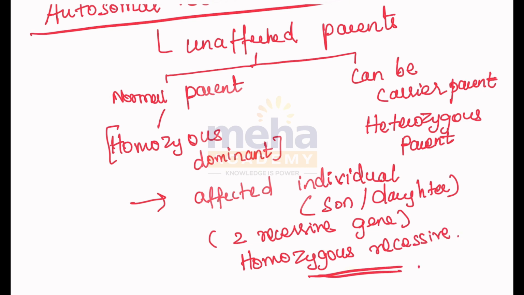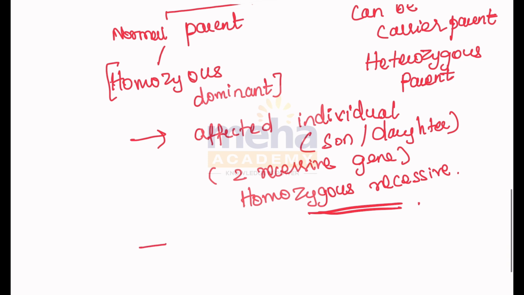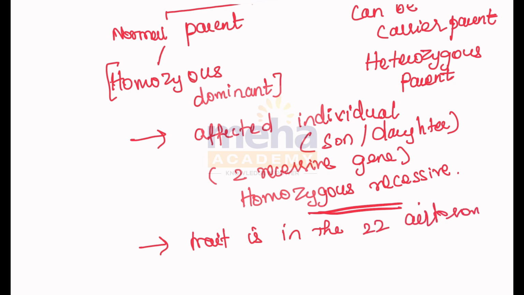When we say autosomal diseases, autosomal means the trait is in the 22 autosomes, not related to the X and Y sex chromosomes.